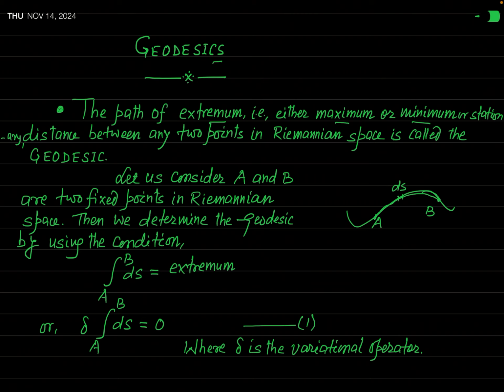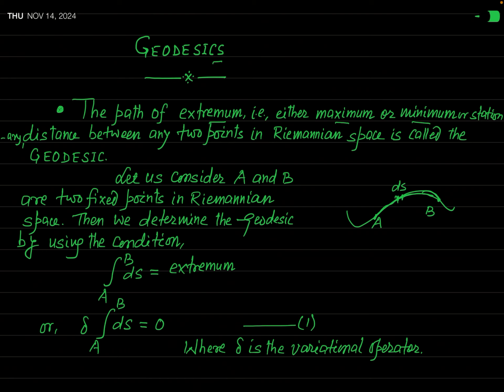How can this geodesic be obtained? What will be the mathematical condition using which we can determine the geodesic? If you consider that ds is an elementary length of this path AB, then this ds is called the line element.